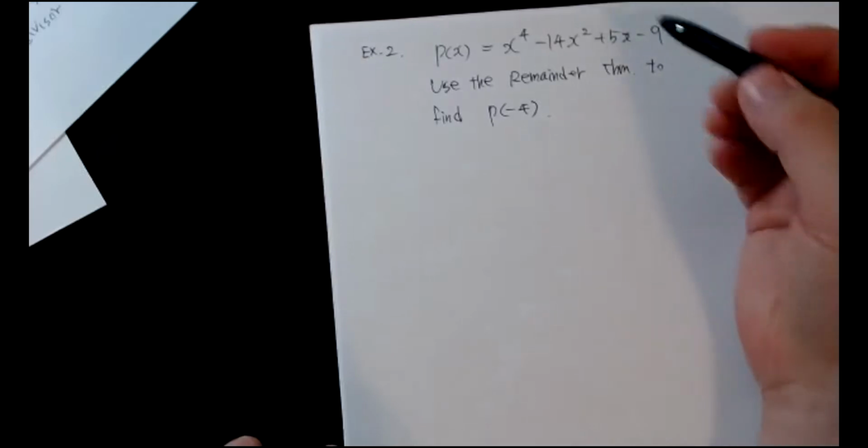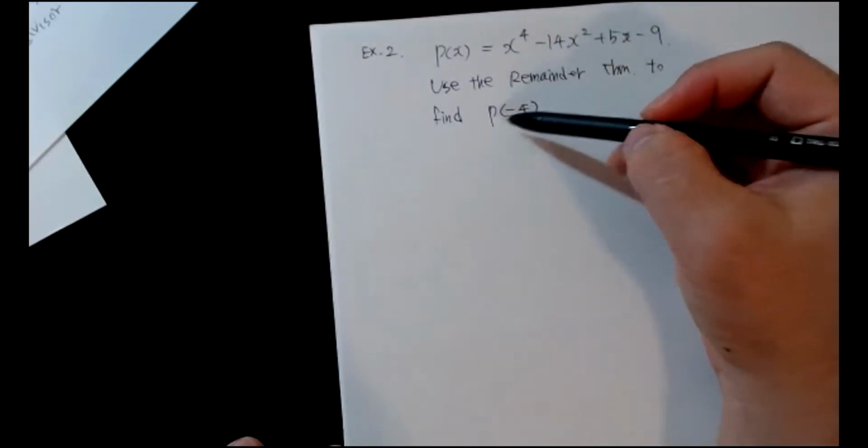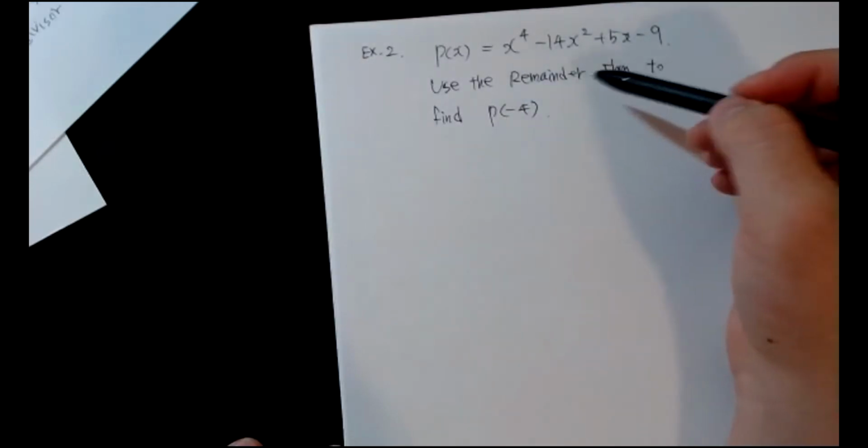Let me tweak the problem. Use the remainder theorem to find p of negative 4. All right, so to find p of negative 4, I'm going to use the remainder theorem.